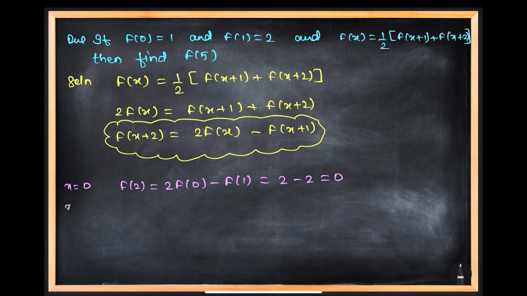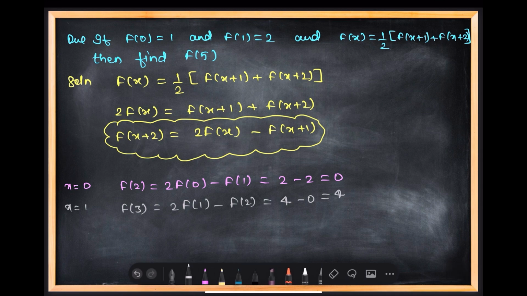Now, if x equals to 1, you will have a function which will give you f3. f3 is what? 2 times f1 minus f of 2. Now, you know that f1 is 2. So 2 times 2 is 4, and f2 is 0. Recently you have calculated, no? Minus 0. So we got 4. Okay. So we got f3 as this.